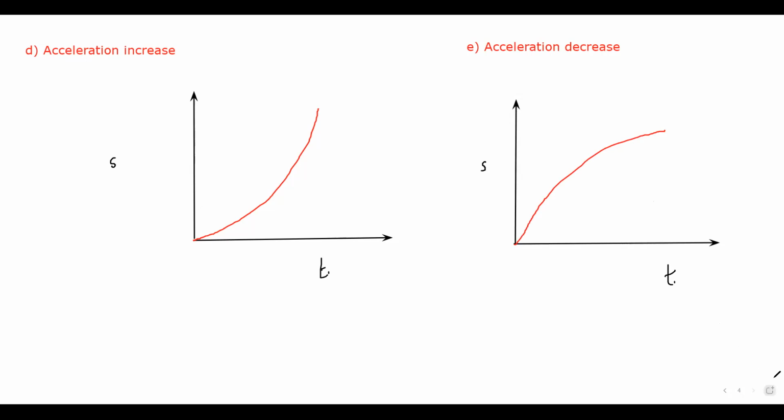And two more graphs are there for speed time. One is representing a constant deceleration. The term deceleration means the speed will also decrease. So an object initially moving at a higher speed tends to slow down.